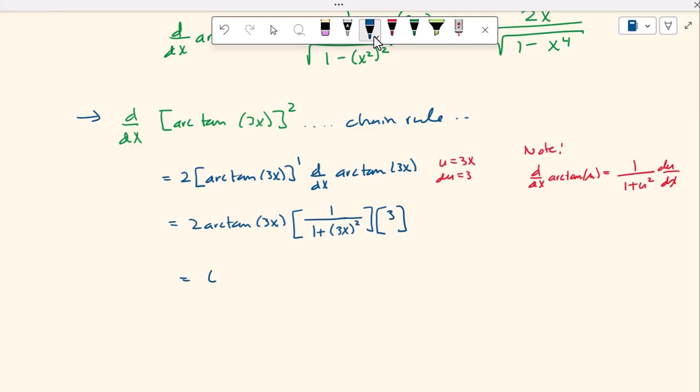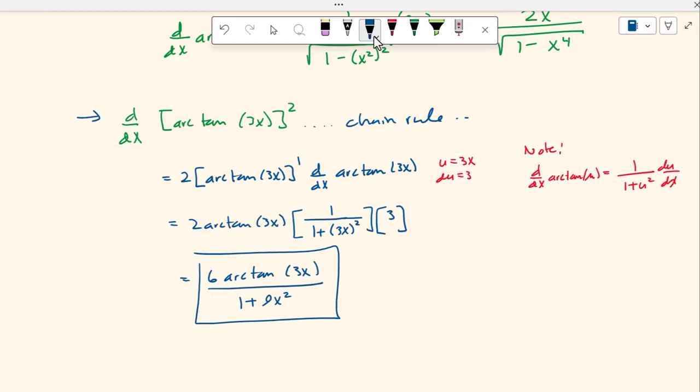So this would be 6 arctan of 3x all over 1 plus 9x squared. That's the derivative. So the 6 is out front. 2 times 3 is 6, arctan 3x, and then I usually would make sure when you write this that the 3 and the x are in parentheses.